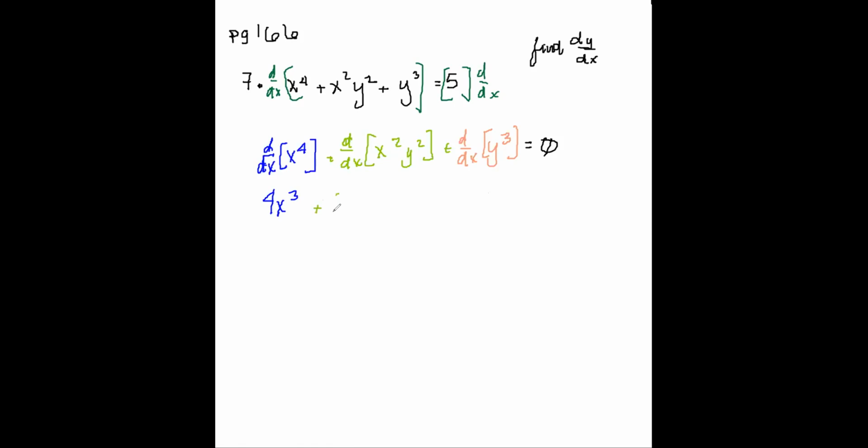So this is going to be plus, we take the derivative of that first one, so it's 2xy squared. I took the derivative of this, multiplied by this. Now, what is my second piece of the product rule? It's going to be x squared times the derivative of y squared with respect to x, which is 2y prime, or 2y dy/dx.